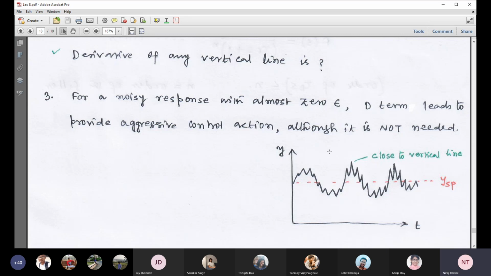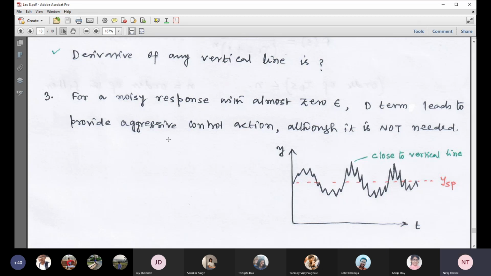I am talking about 100% accuracy. So definitely there will be some deviation from time to time. And that's why it happens, so this is related to the noise. And this noise we usually cannot handle by employing one controller.